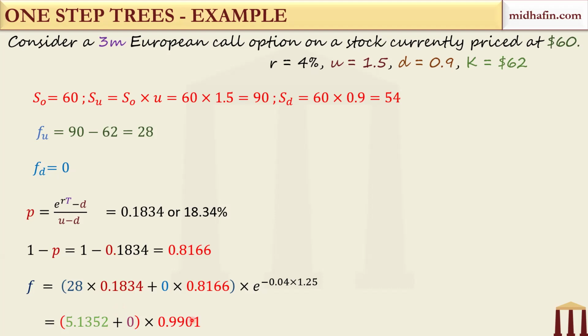So can you tell me what is the value for the option today? What is the value for the option? 5.0843. 5.08. Perfect.